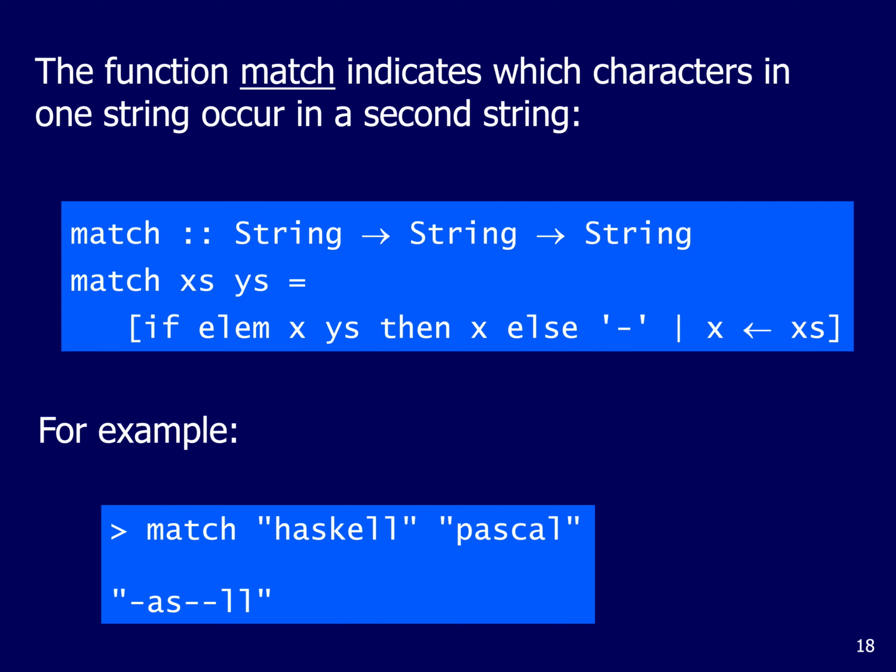And then on the left hand side we're simply having a conditional expression which checks for each character x, is it an element of the second input string ys. So elem is a library function that takes a thing and a list of things and tells you is the thing appearing anywhere in the list. So in this case it's checking is the character x an element of the list ys. If it is, we keep the character x, we output it, otherwise we're going to output a minus sign. So this list comprehension realizes the behavior we see in the example at the bottom.